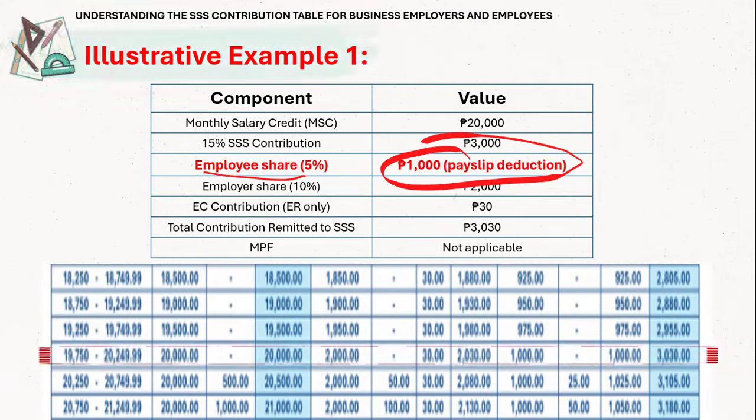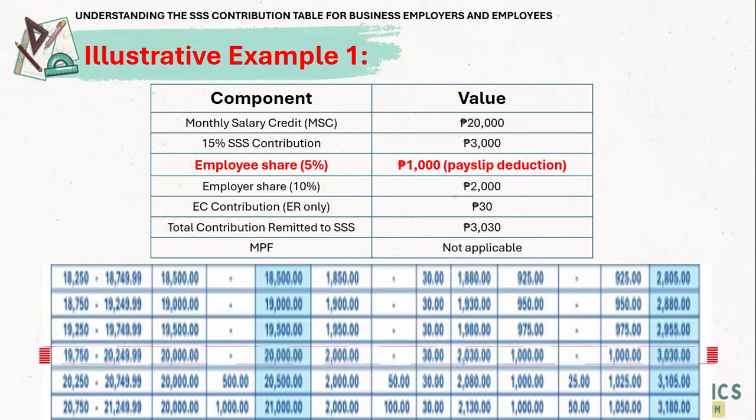So always remember, not all of these reflect, okay? But this is what reflects on your SSS fund. So you have a 3,000 fund for your share and a 30 pesos EC contribution coming from your employer.